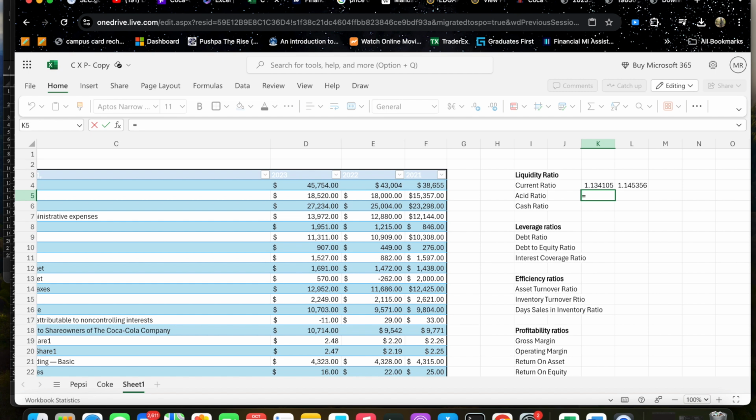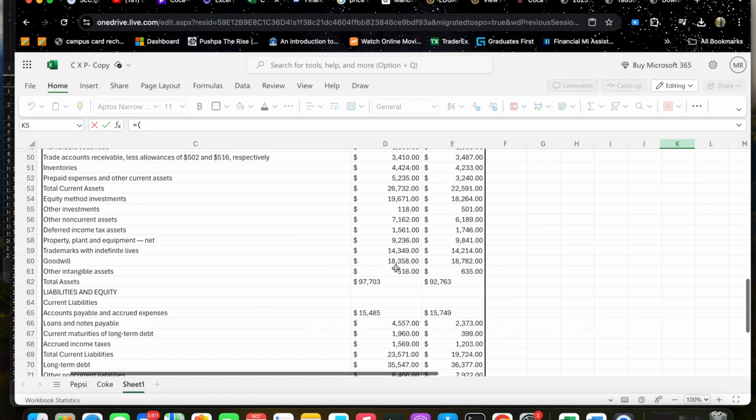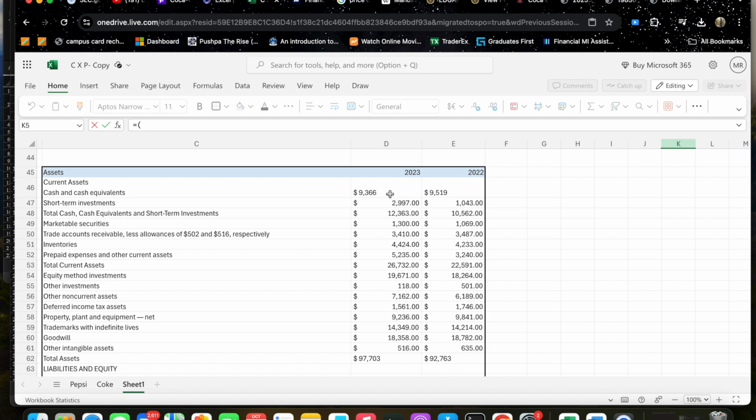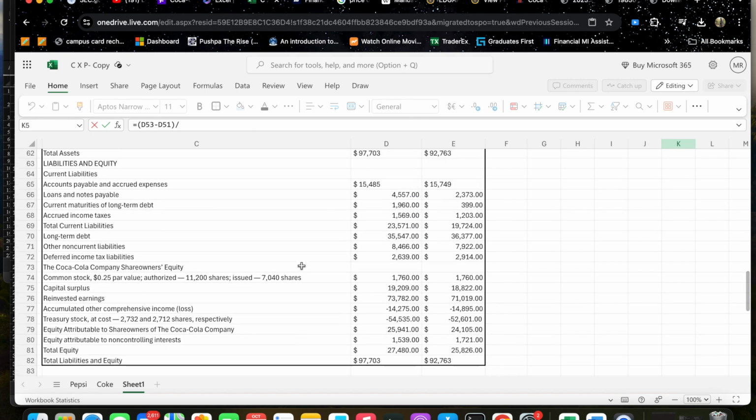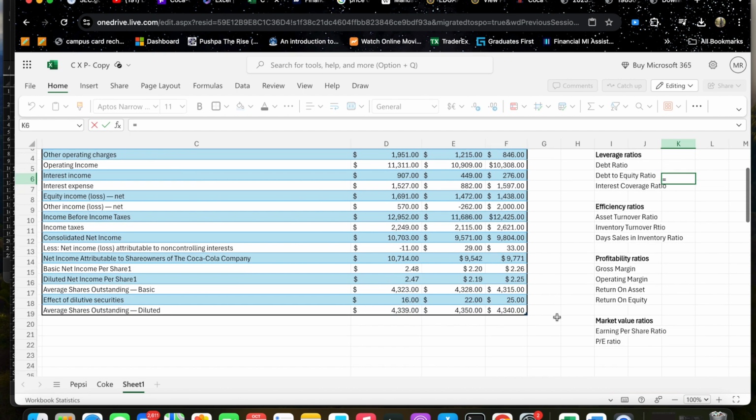Now the asset ratio would be simply the current asset minus inventories divided by the current liabilities. Here you go. It's 0.94 something, and for the year 2022 it was 0.90.